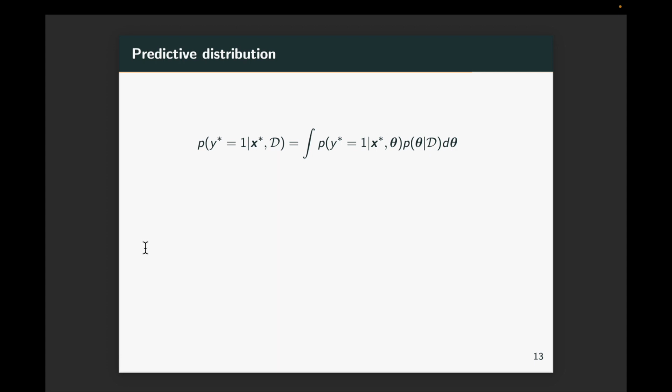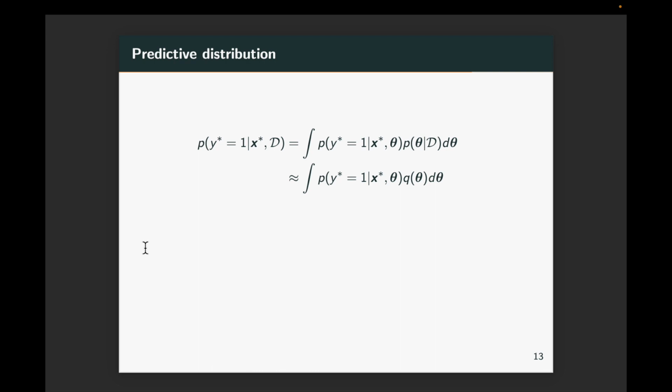The first term is just the likelihood, right? So P of y, the data, given theta. Given any specific theta, what is the likelihood of obtaining y equal to 1 and knowing x, right? So you'll always have the integration of likelihood and a posterior-like term to obtain the new predictions, right? So we replace P of theta given d with q of theta, which is coming from the Laplace distribution. This is an approximation that we've made. It's not exact.